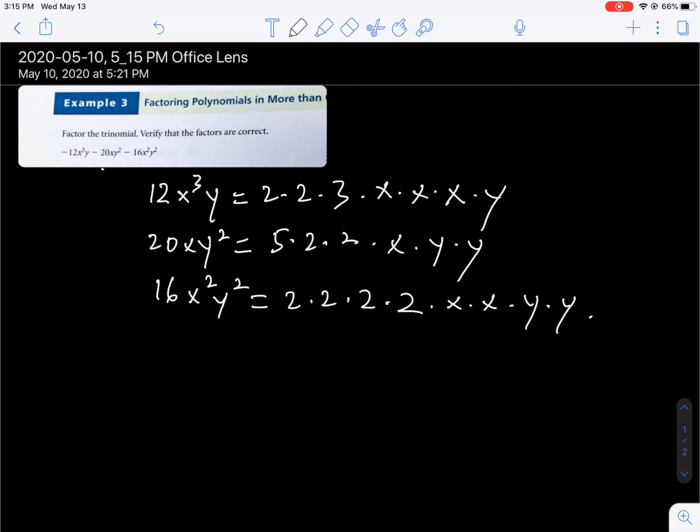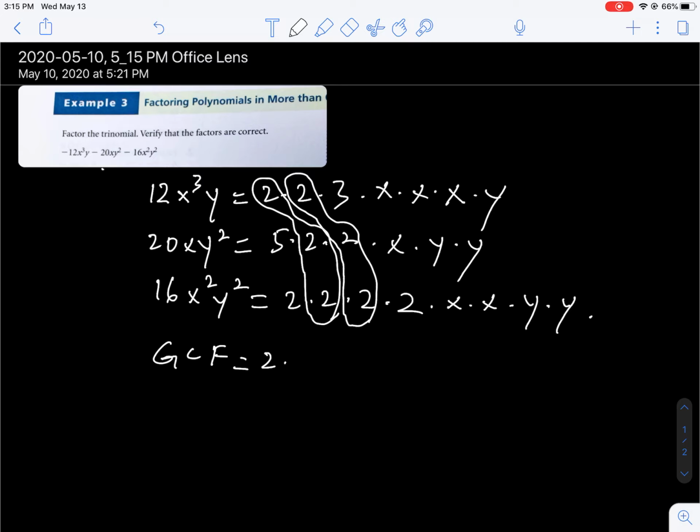Now it's time to choose our GCF, greatest common factor. So we will make pairs. We've got 2 is common to all 3, so that's our first prime factor. Then there is another 2 that is common to all 3 terms.